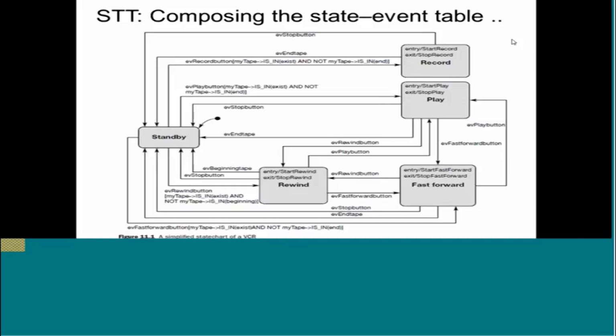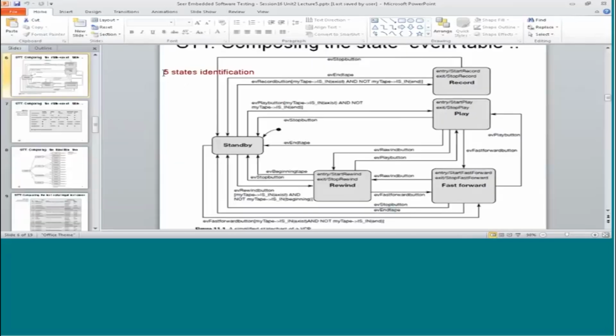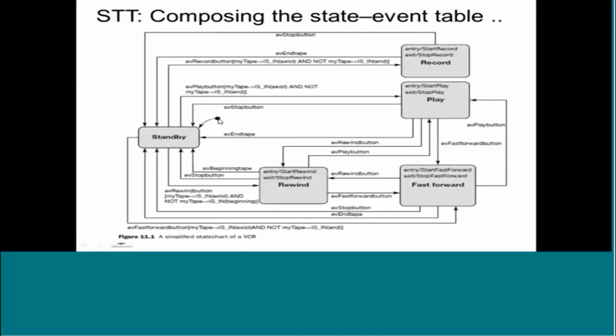We need to identify those states first. Then list out all the events that are responsible for moving to the states. For example, this is the starting point of the state, which will go into standby upon power up.